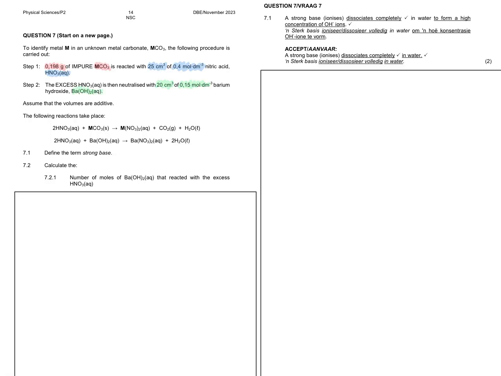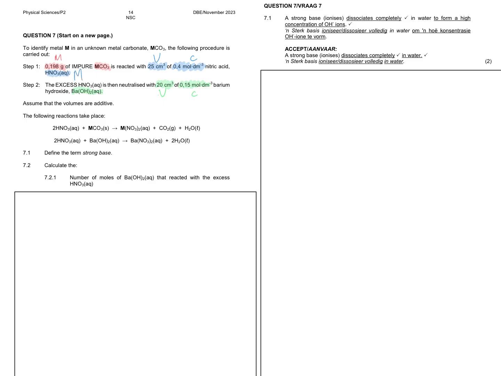So if you have a C and you have a V, you can make a number of moles. This is a V and this is a C. And this is a V and this is a C. And then this one is a mass. So you can also get a molar mass from the HNO3.